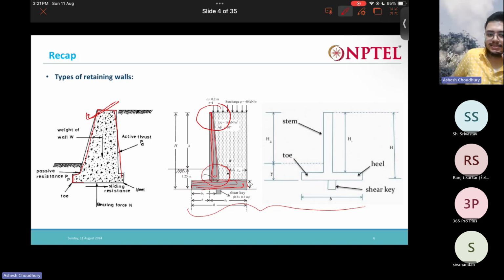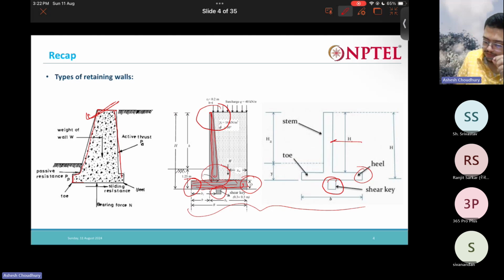And there are some parts. This part is called the toe, and this back part is called the heel of the cantilever retaining wall. Sometimes we also use a shear key at the bottom, and that shear key also resists sliding.